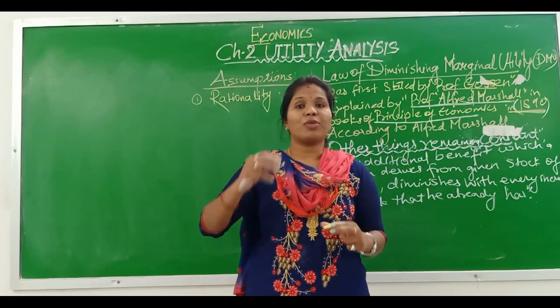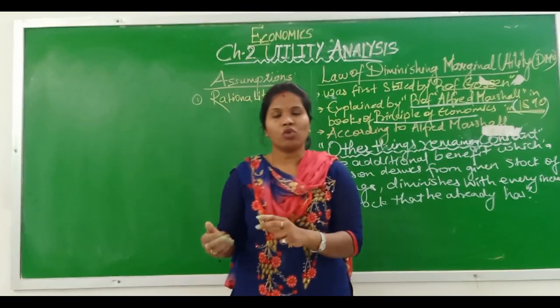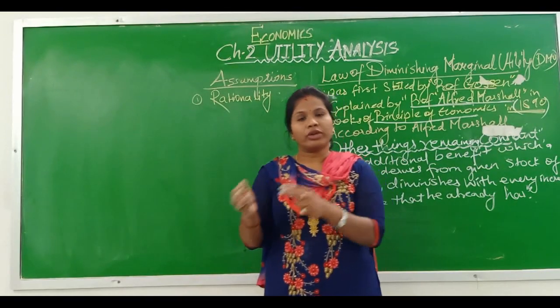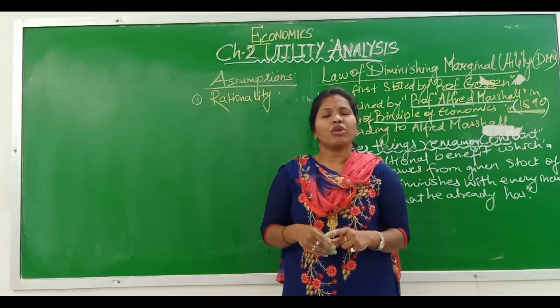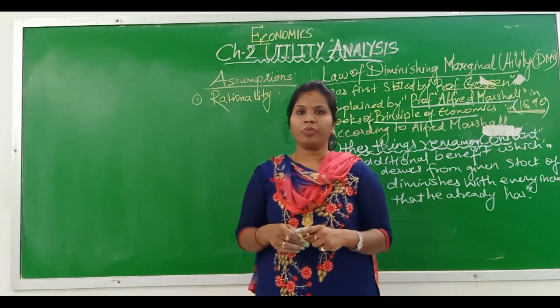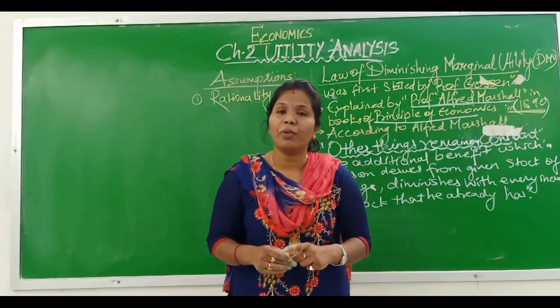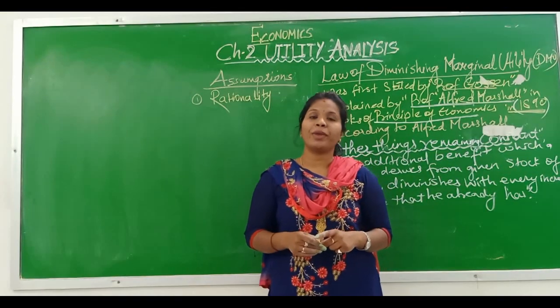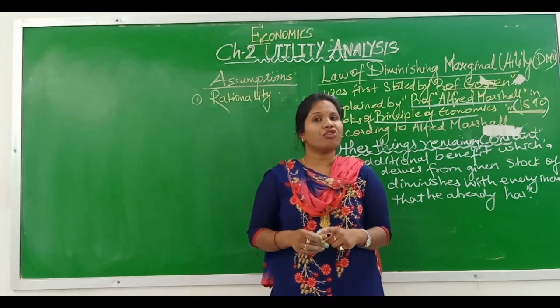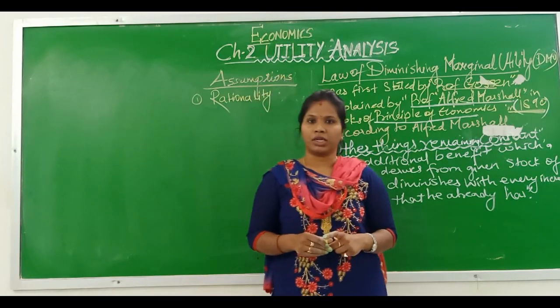state that from the first unit he has got so much marginal utility, and from the second unit so much marginal utility. In economic terms, rationality means the consumer should be a normal person, not an abnormal person or a drunkard.